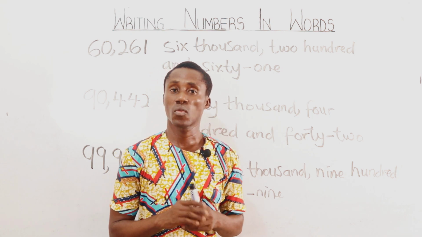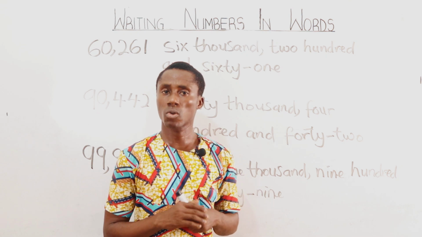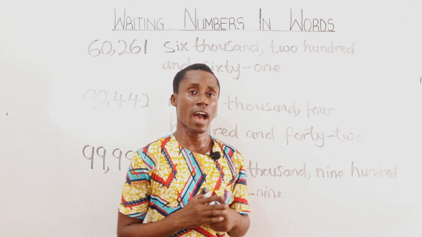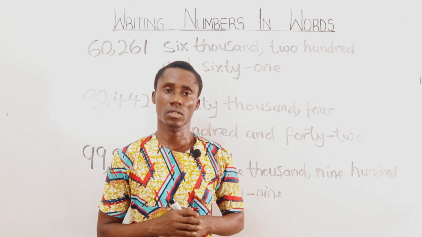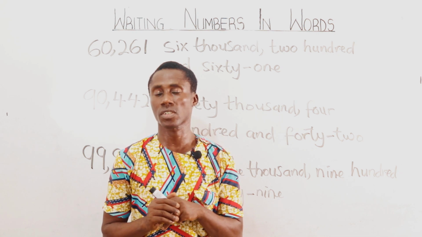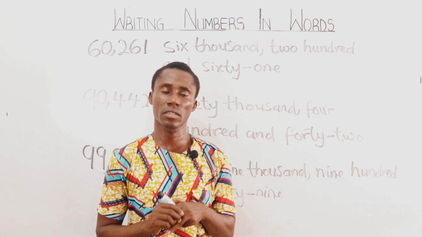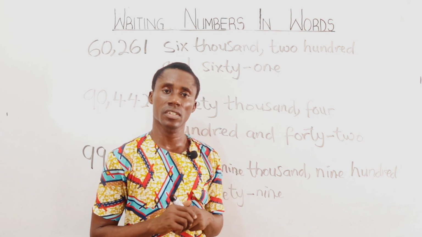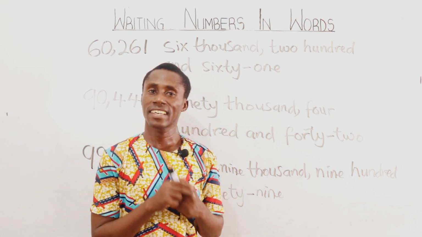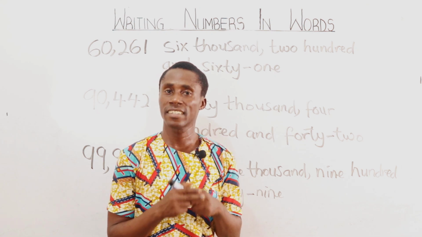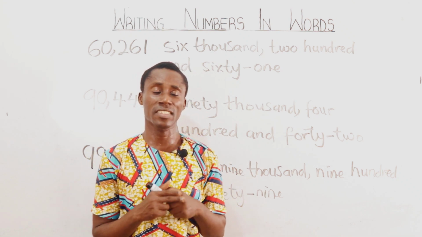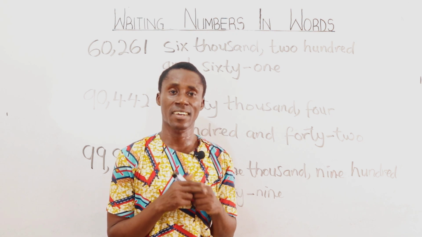Now over here too, we have a group of numbers called the 100,000s, and the 100,000s are 100,000, 200,000, 300,000, 400,000, 500,000, 600,000, 700,000, 800,000, and 900,000.